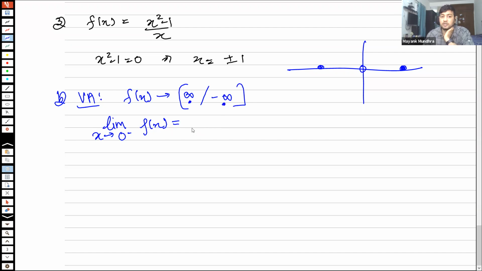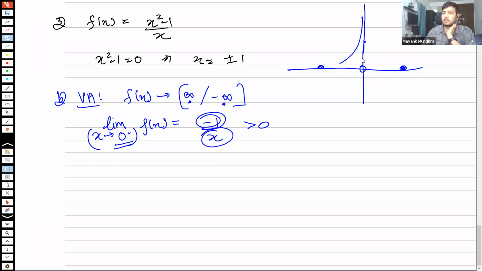You put 0 here, so you get minus 1 upon x, with x tending to 0 minus. So this is minus 1, and x has a negative inbuilt, so this will be positive. So it will go to positive infinity here. So the curve looks like this to the left of 0.